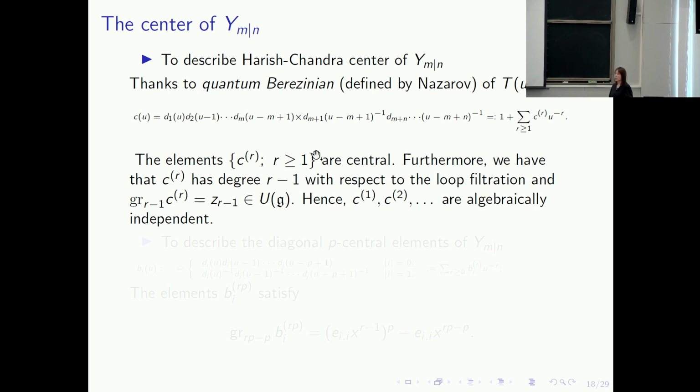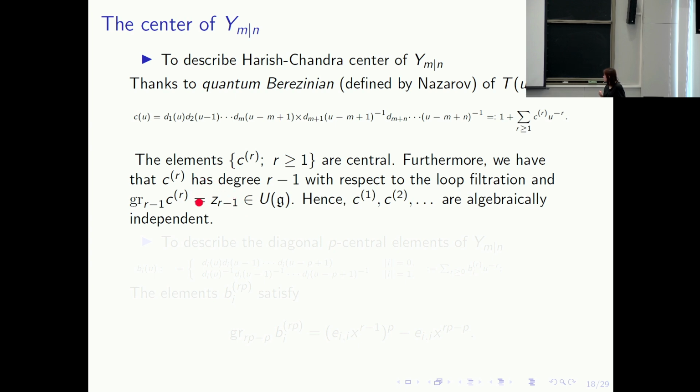Furthermore, the element Ci has degree r-1 with respect to the above loop filtration, and the image of it under the above assignment is z_{r-1}.